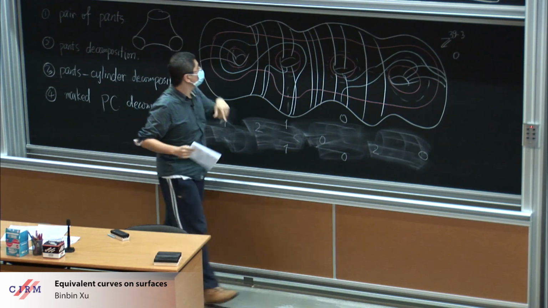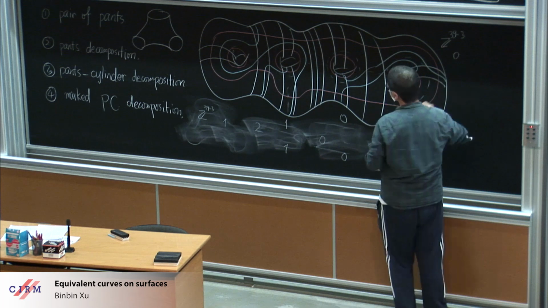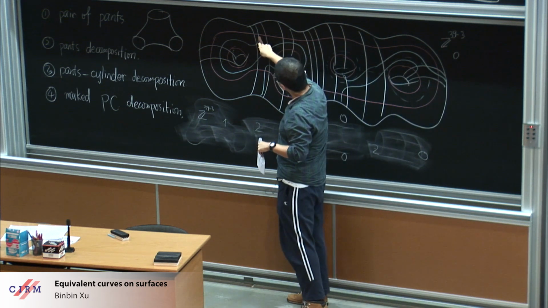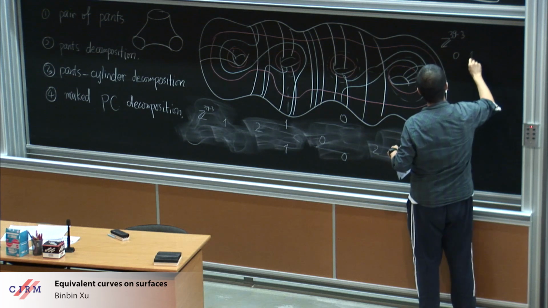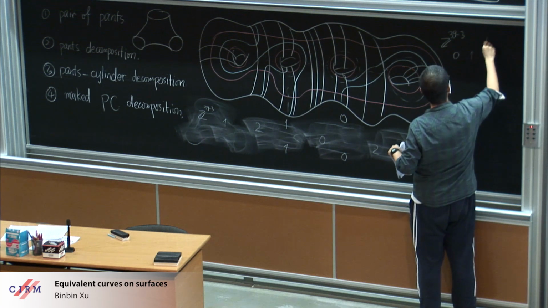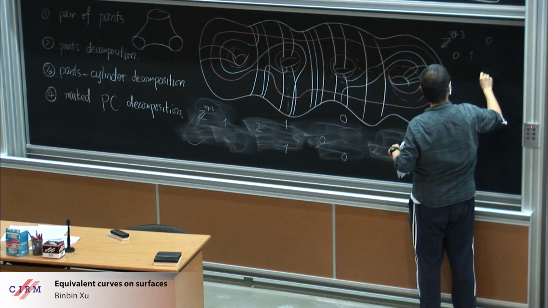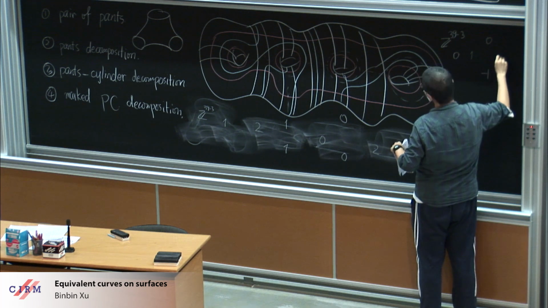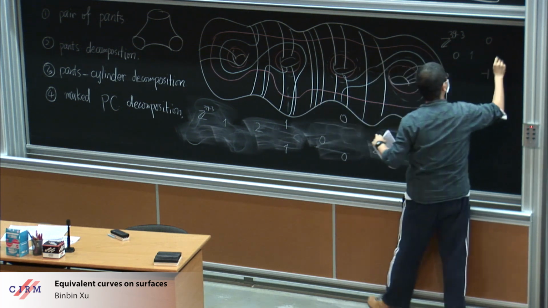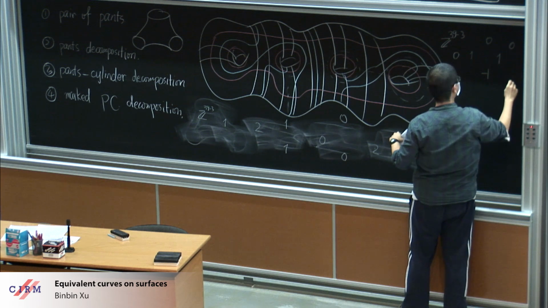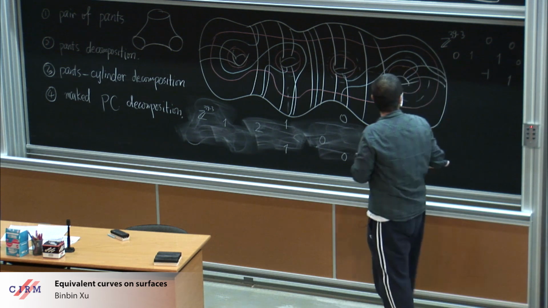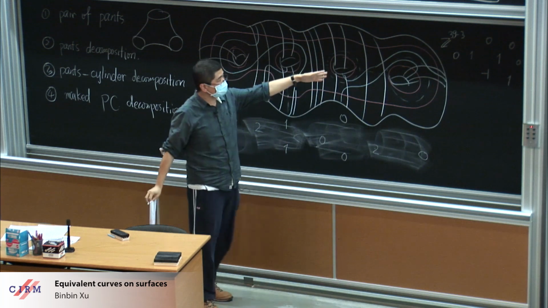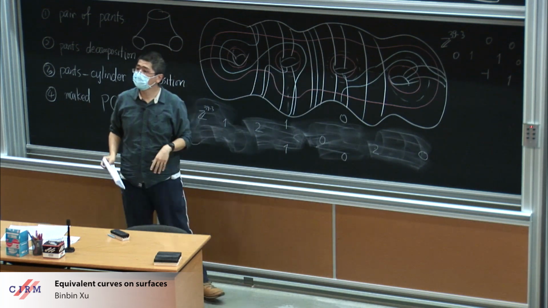So this one will be positive 1. This arc has twisting 1, this arc has no twisting. So this is twisting 1, and then twisting 0, twisting minus 1, and this is, by our convention, 1, 0, this is 1, and 0, and 1. So in this way, we also have another 3g minus 3 coordinates.